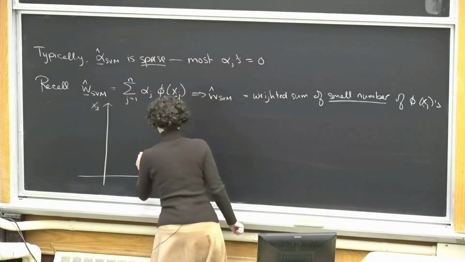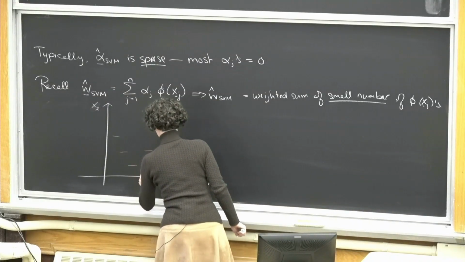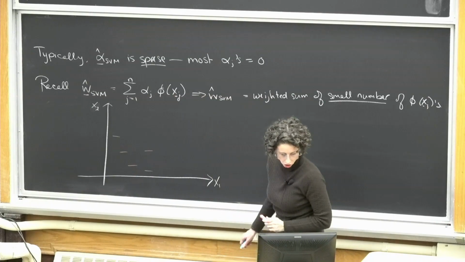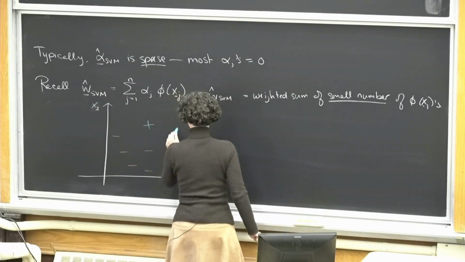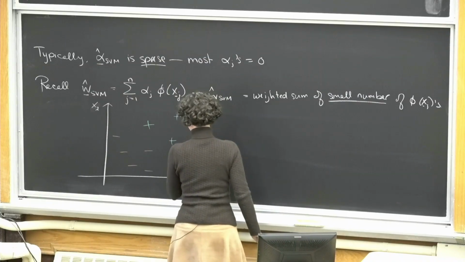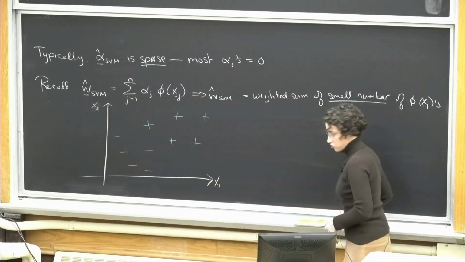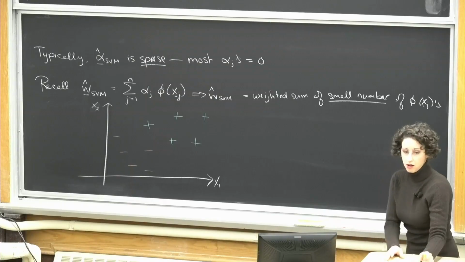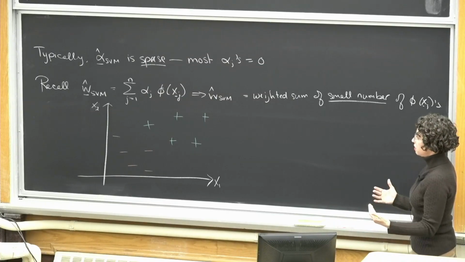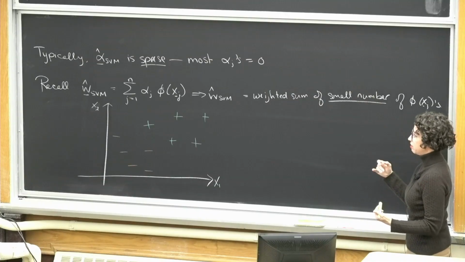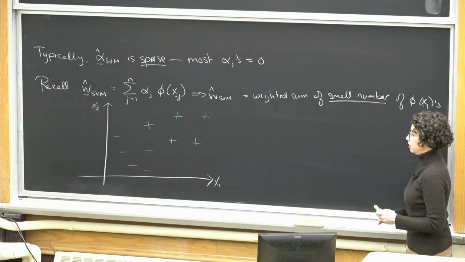So I've got some negative samples here in the lower left and some positive samples up here. And now I try to derive a decision boundary by computing this alpha hat SVM and the corresponding w hat SVM.